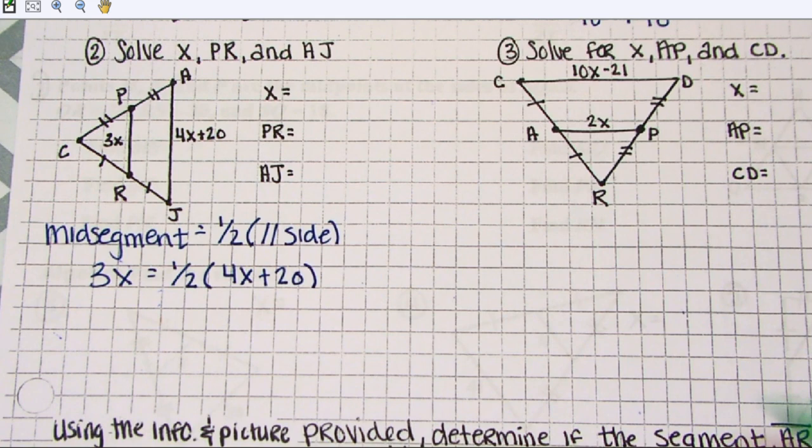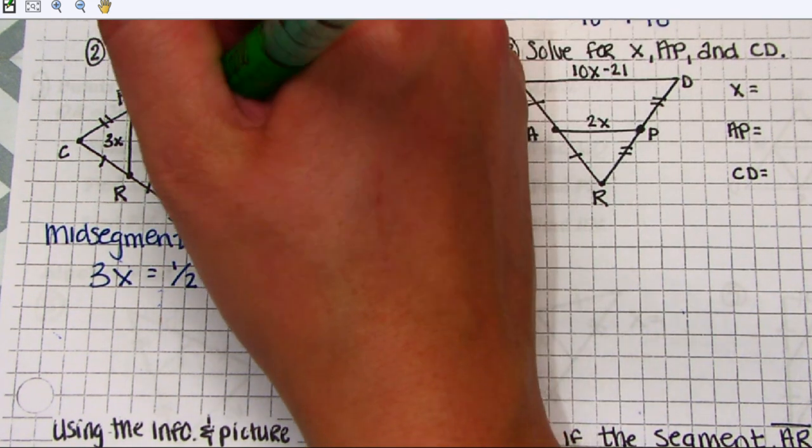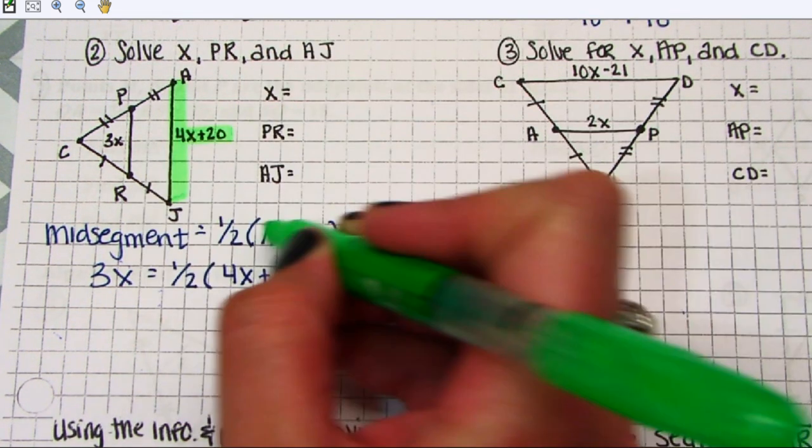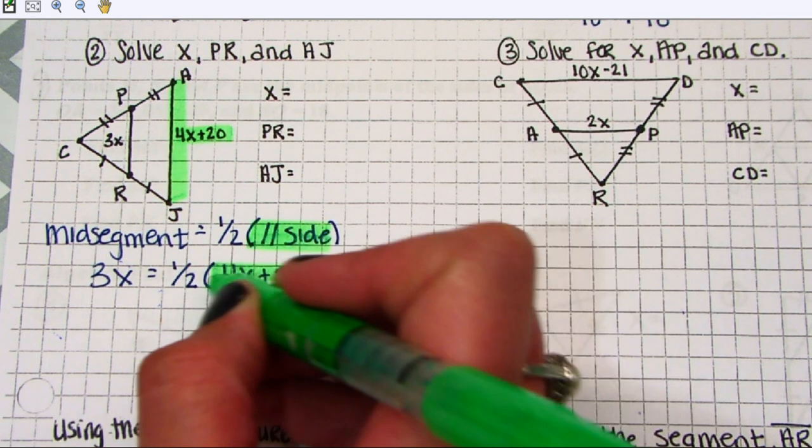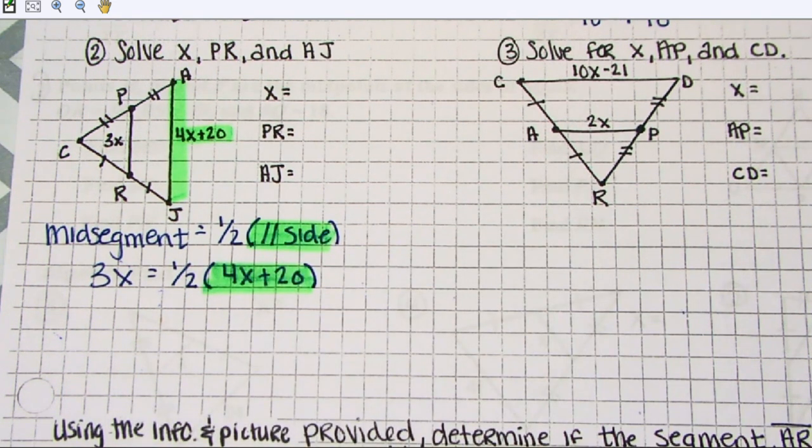Our parallel side, remember, is the side that the midsegment does not cross. Our parallel side is the side the midsegment does not go through. It's the parallel side to your triangle. The midsegment is the side that cuts through two other sides. So the midsegment intersects side AC and CJ.